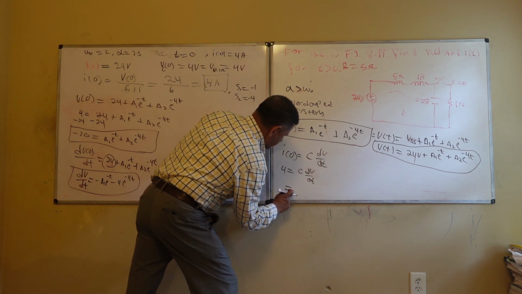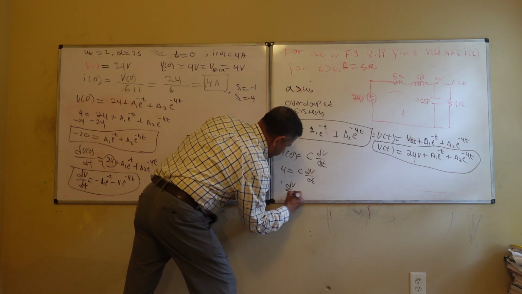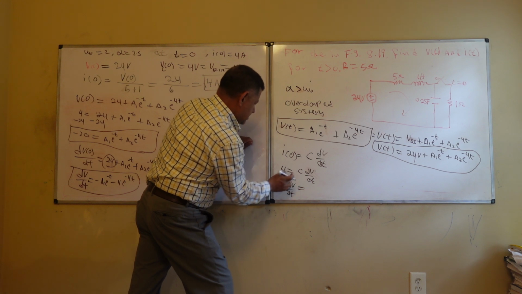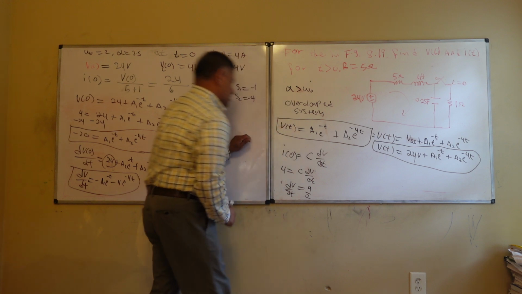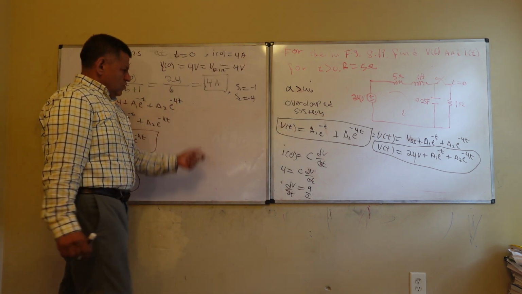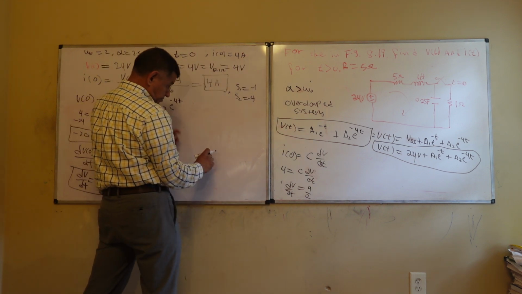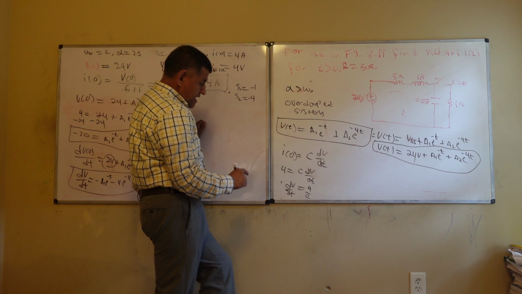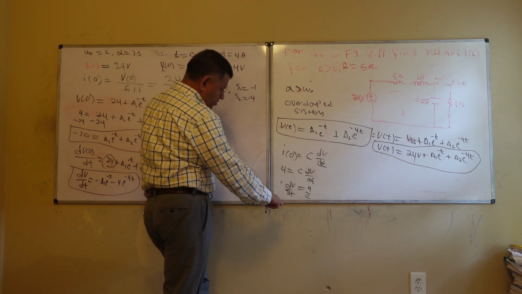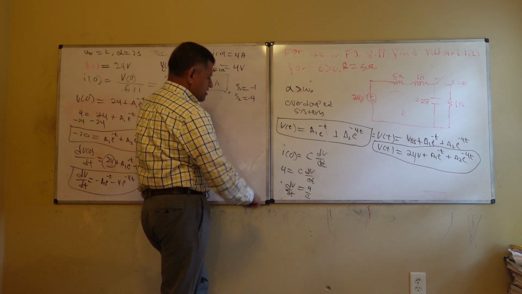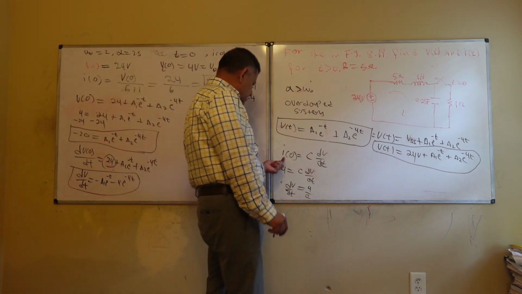Now manipulating this equation, dV over dt is equal to 4 divided by C, 4 over C, right? Now we know the value of C. So now notice also that at the moment of this, it was also 4 volts.